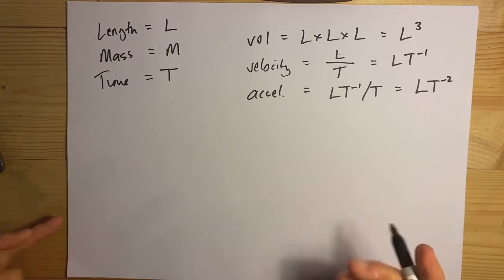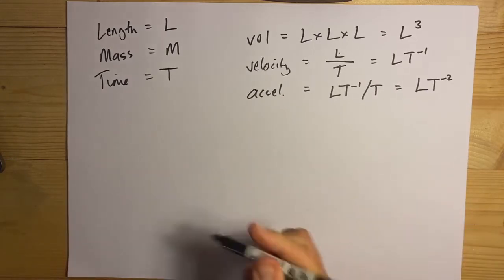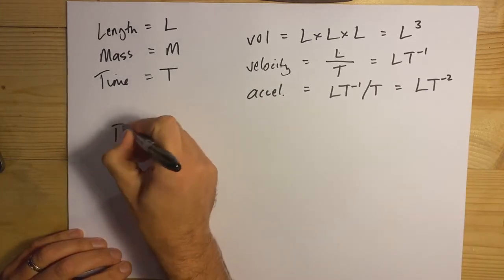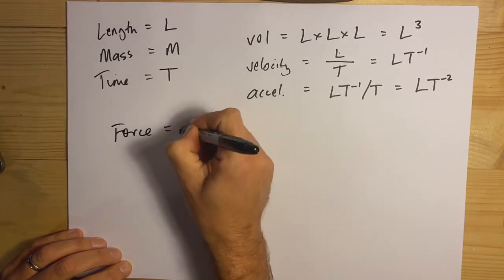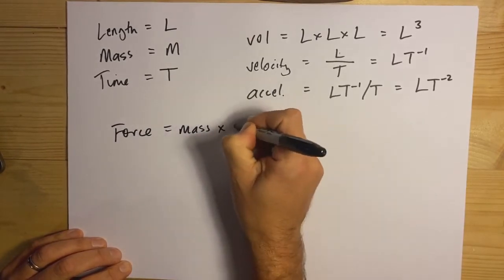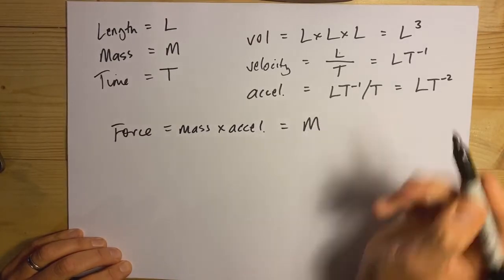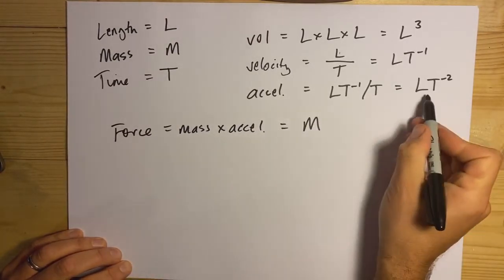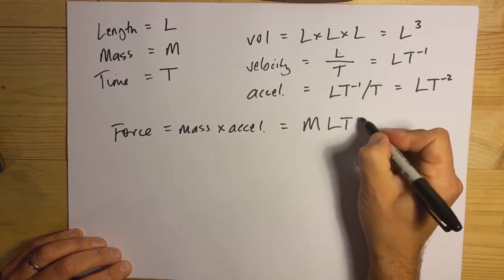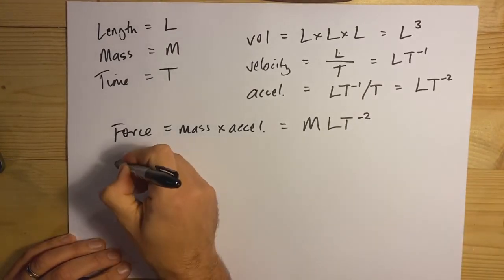We can go a bit further. Think about some of the concepts that you might remember from high school physics. So force is mass times acceleration, Newton's second law. So mass, dimensions is M, acceleration we have up here is L T to the minus 2.